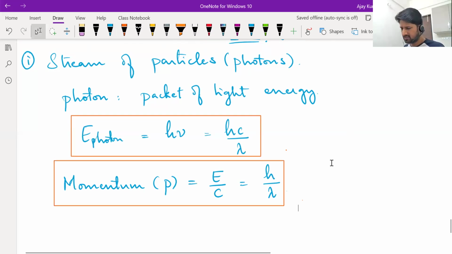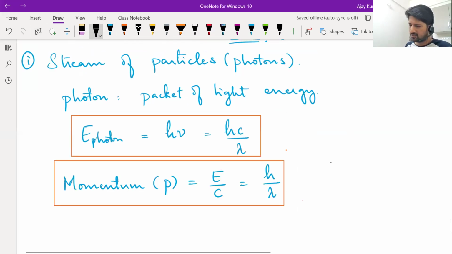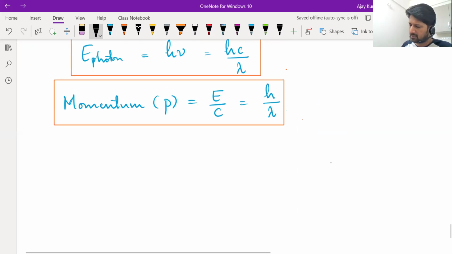Okay, let's solve some basic problems based on this. There are some other postulates also in Einstein's photoelectric theory, but just based on energy of photon and momentum, let's solve some problems.